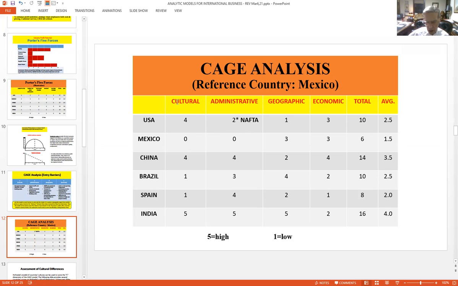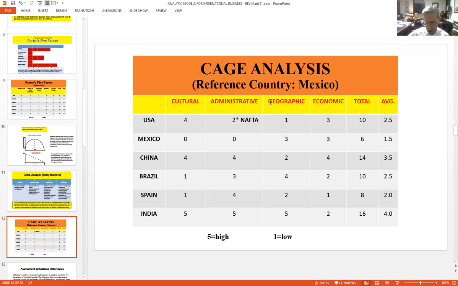So you can estimate the cultural differences between a reference country, and the administrative difficulties of importing, exporting, doing international transactions. Usually we're talking about tariffs, duties, the kind of administrative complications that it takes to get products across borders. The geographic impact, I mentioned that cement doesn't travel very well.